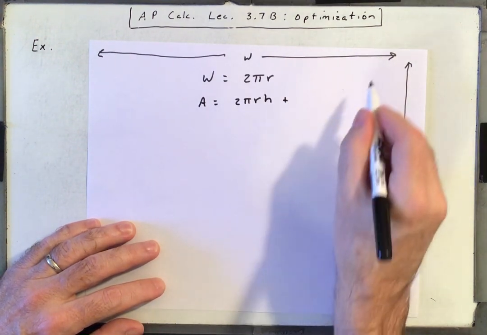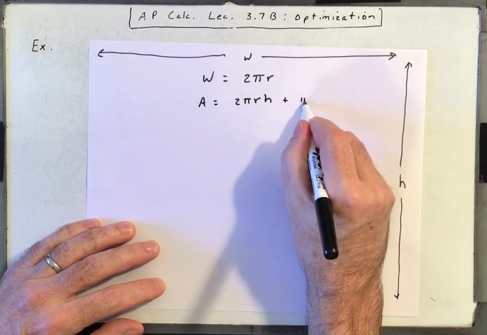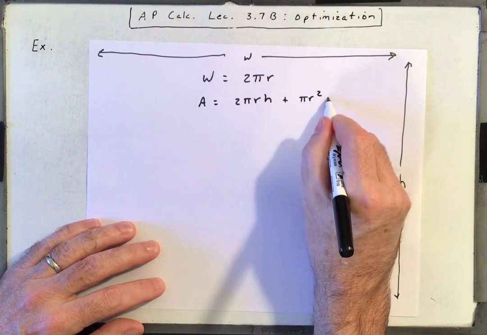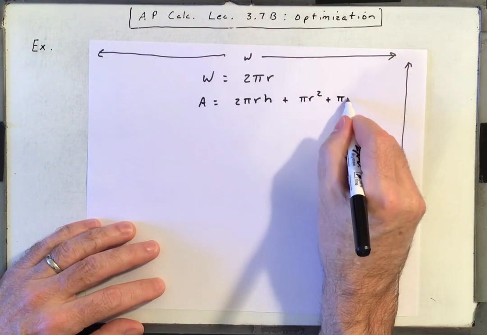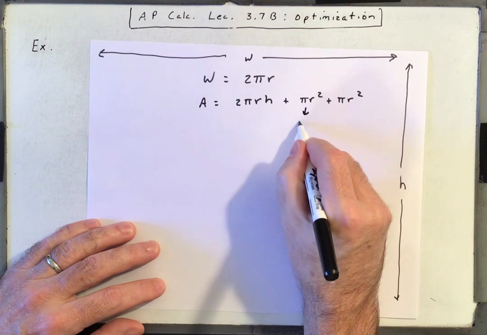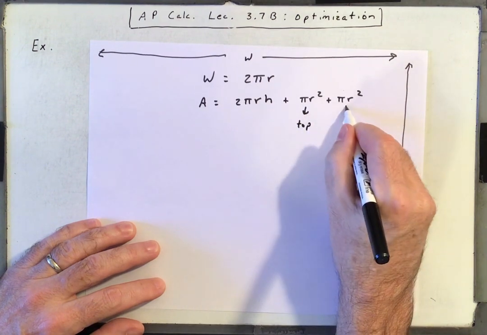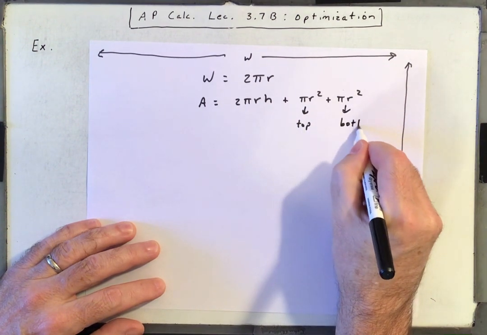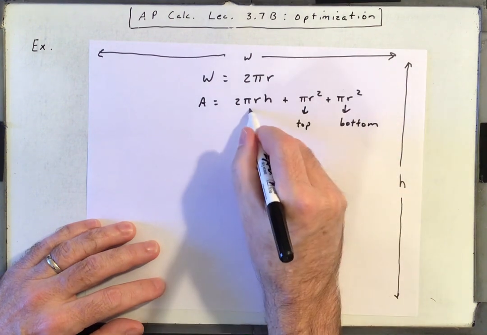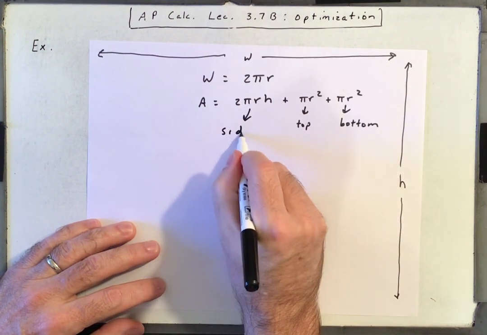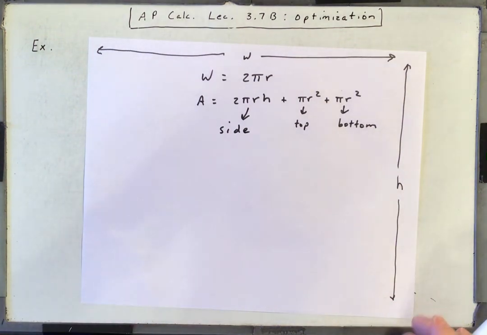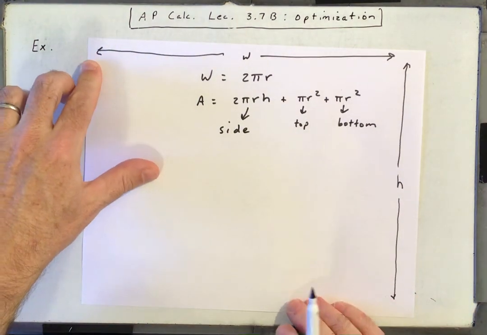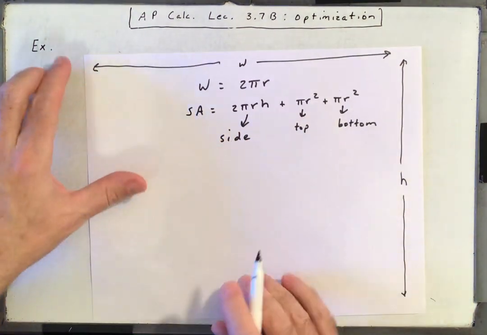Plus you have that circle on top, pi r squared, plus another pi r squared for the bottom. So top, this is the bottom, and this would be the side of the can, all the way around. So that's the surface area.